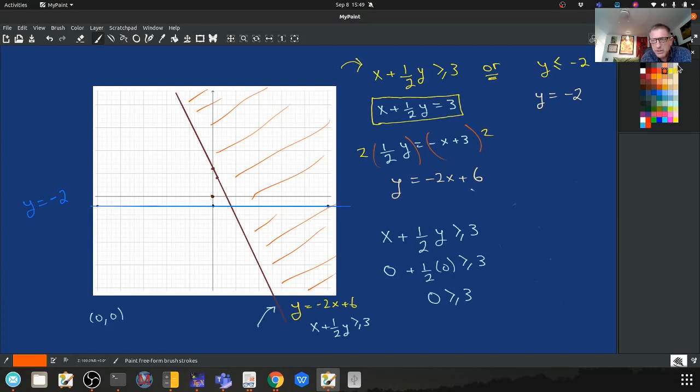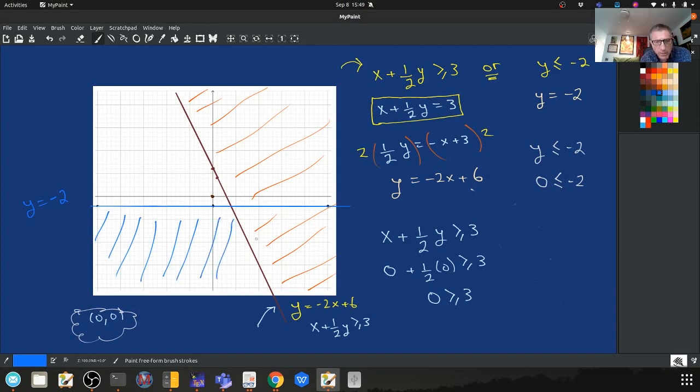So let's do the same thing for y is less than or equal to minus 2. We're using the same test point, this test point down here, in which case the value of y is 0. Is 0 less than or equal to minus 2? No. So that means that the area for which this down here is true is not on the side of our test point.